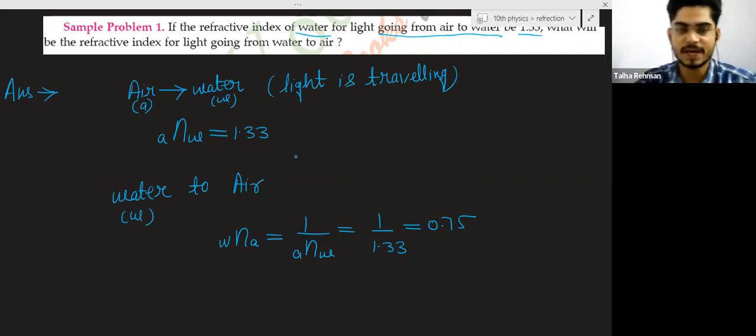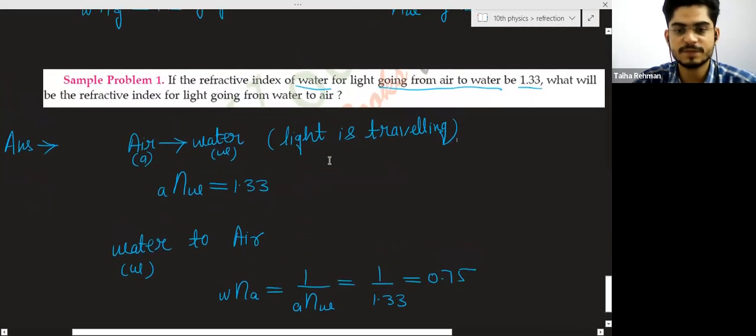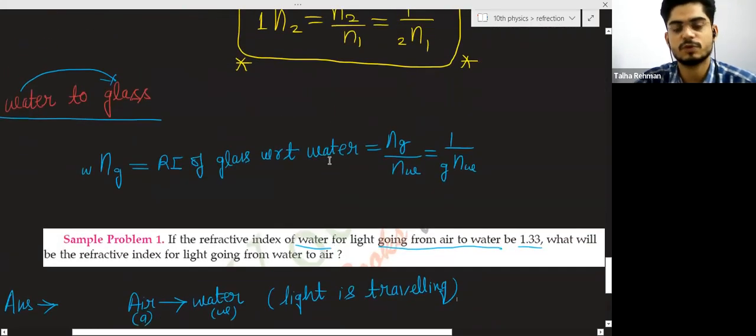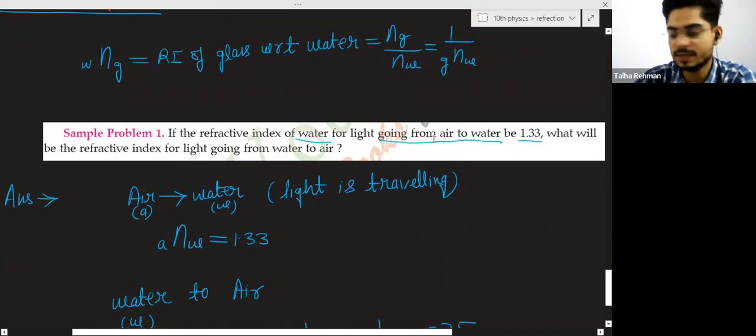So we have just applied this. So in this way also you can solve the problem. One of the easiest ways to solve the problem. We can also solve this problem by using the relation of speed of light with refractive index, but that I will use later. Okay.